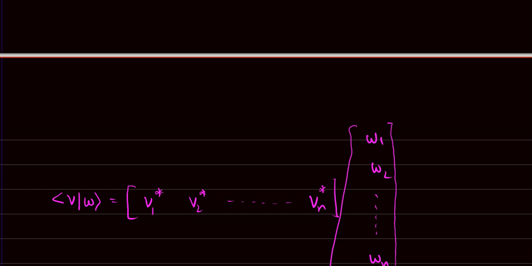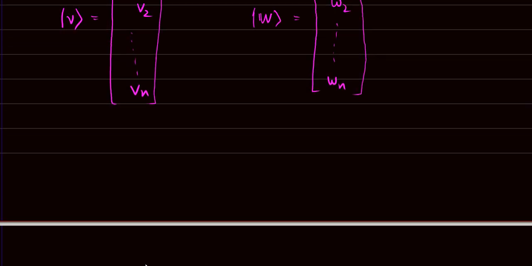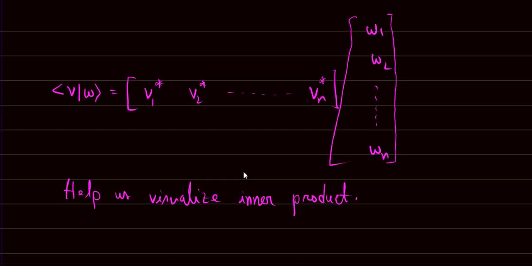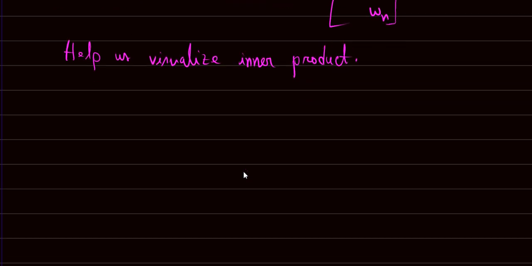So this was the foundation of our inner product: what axioms we choose, the definition of inner product, and how we evaluate inner products. Let's talk more about this. Our next topic is dual spaces and the Dirac notation.